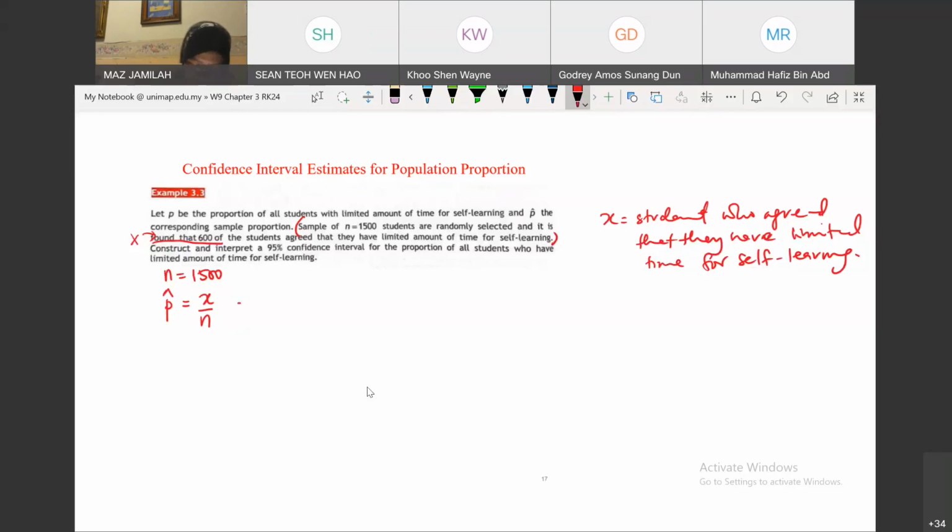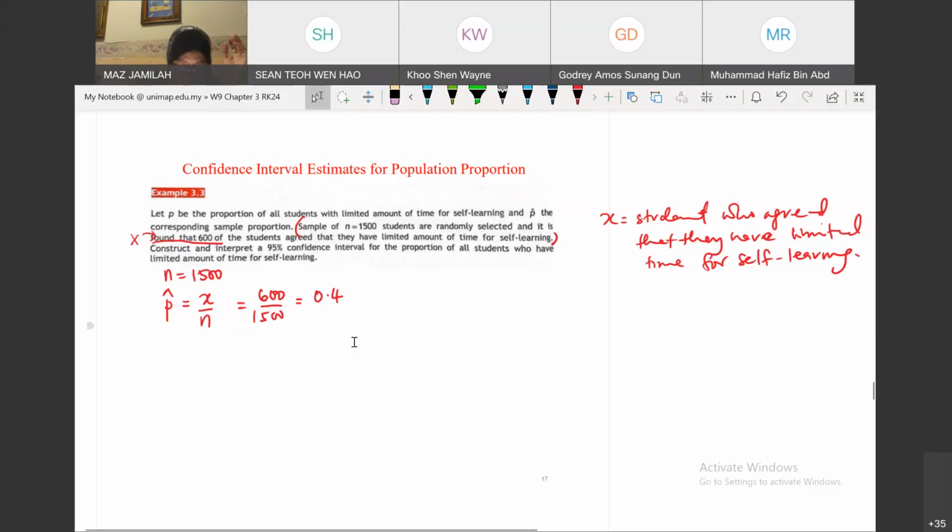So how many of them? 600 divided by 1,500. And you will get your p hat as 0.4. So we know that we are talking about 0.4 of our 100%, what we call population or sample.